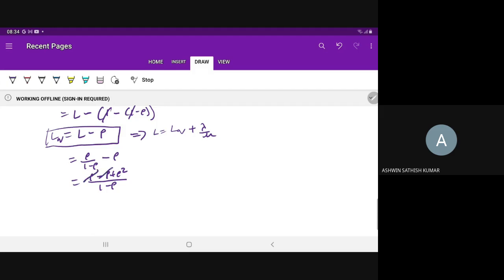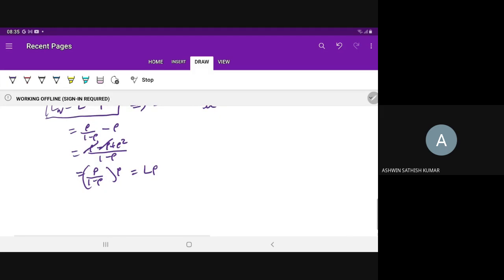So rho and rho cancel out, and we have rho square upon 1 minus rho. That can be written as rho upon 1 minus rho into rho. That is L into rho also. So LQ is equal to L into rho also. We have one formula.